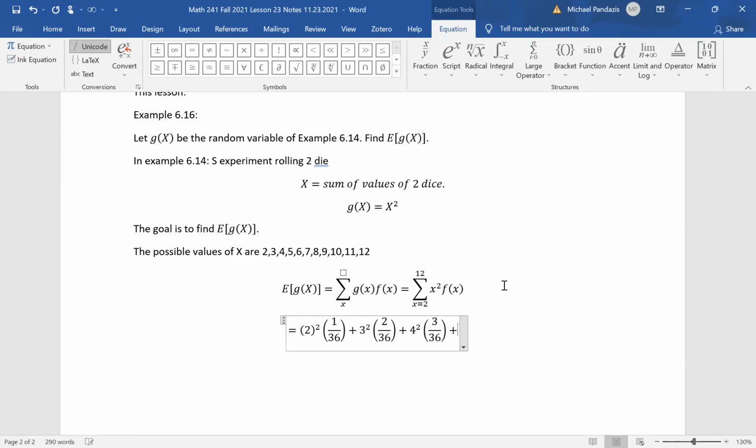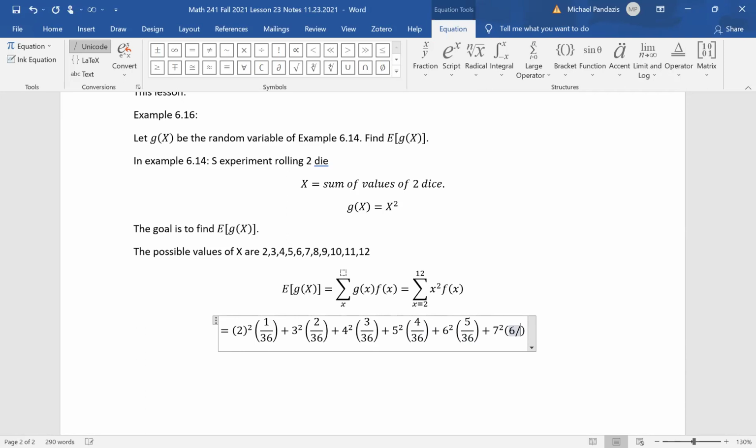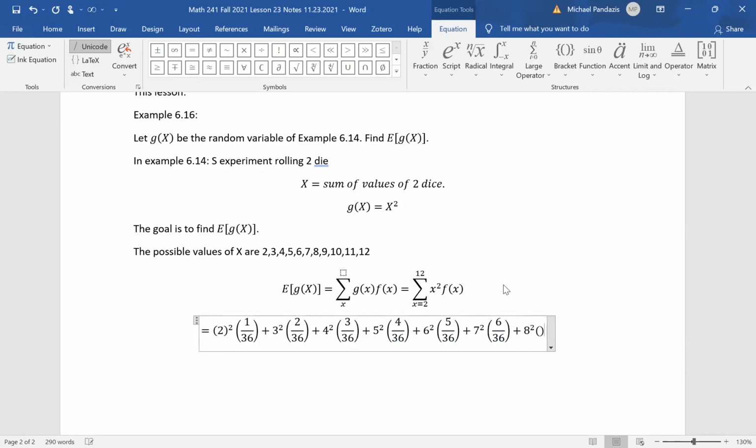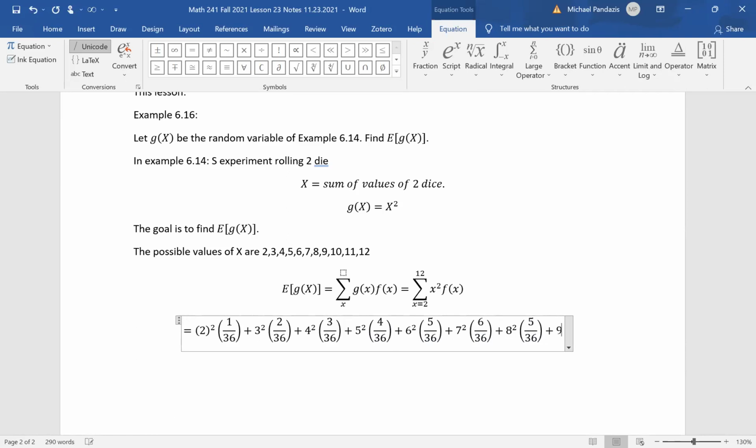Plus 5 squared times the probability the sum is 5, which is 4 over 36. Right, so you see the pattern. 6 squared times the probability the sum is 6, which is 5 over 36. Plus 7 squared times the probability the sum is 7, which is 6 over 36. That's the most likely sum. Plus 8 squared times the probability the sum is 8, which now starts going down again, 5 over 36.